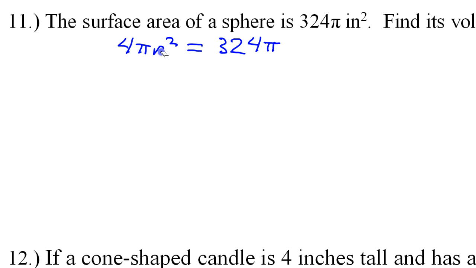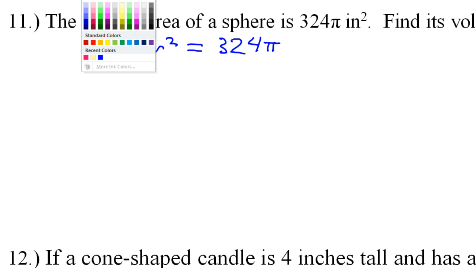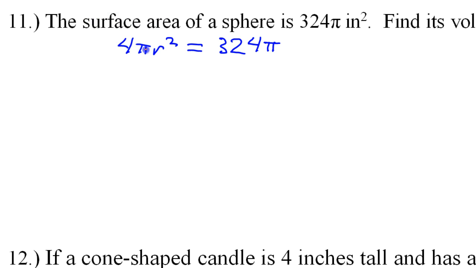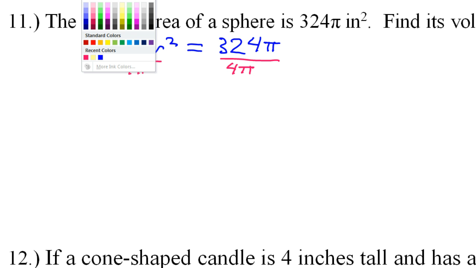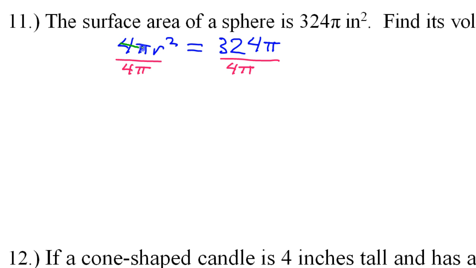So I'm going to be solving for r, so let me go ahead and divide everything by 4 pi to get closer to having r by itself. Alright, if I divide by 4 pi, then notice that not only do these 4 pi's cancel out, of course, but over here these pi's cancel out.